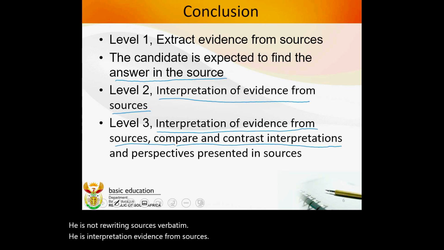Let's also look at comparison. Also on that skill on level 3, this does not necessarily mean that in comparison, all learners will get similarities. Learners may get similarities as well as differences.